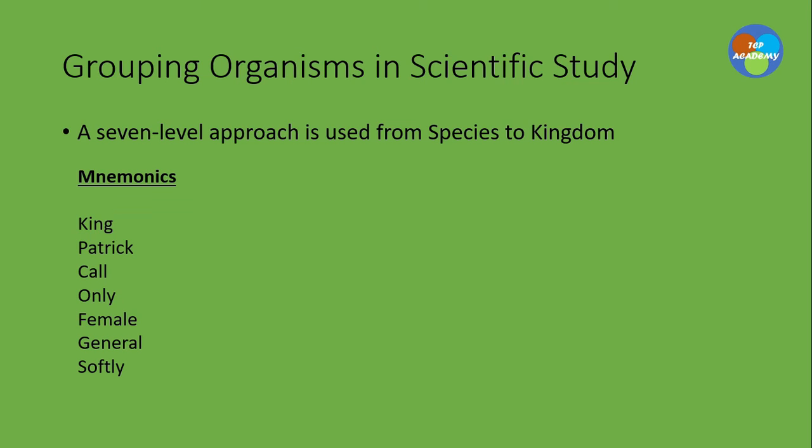So once you remember that King Patrick calls only female generals softly, that's the mnemonic to remember the groups that we classify organisms in. Now we could look at kingdom, that's King; phylum for Patrick; call for class; only for order; female for family; general for genus; and you're seeing softly there for species.